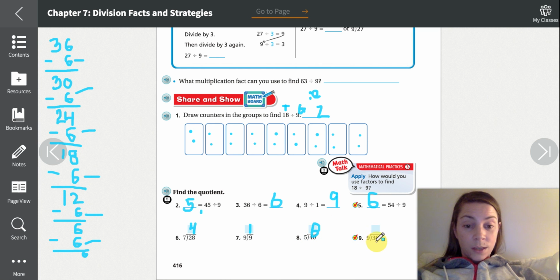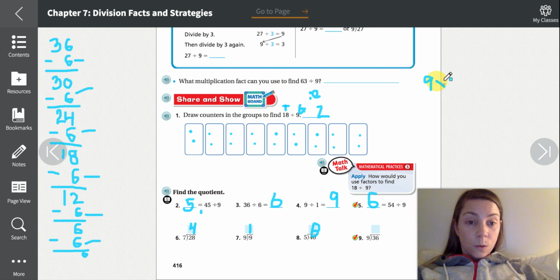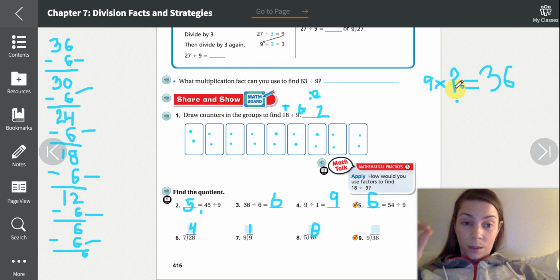And 36 divided by 9. Again, I kind of like to think of the multiplication trick here. So flip it around. 9 times what equals 36? And if you remember the 9 trick, it was, okay, whatever this factor was, you subtract 1 from this number, and it gives you this first number in the answer.